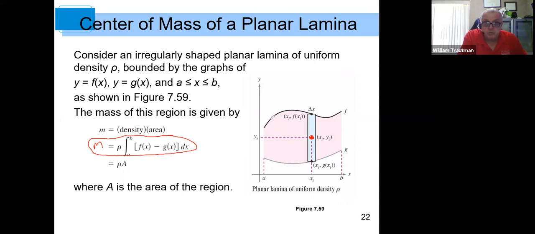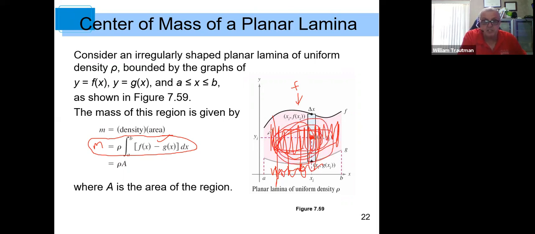We're going to use, once again, the top function minus the bottom function. Remember, the top does the whole thing, and the bottom cuts this out. So we're just dealing with the stuff inside here.